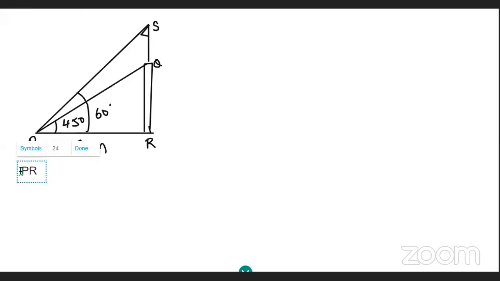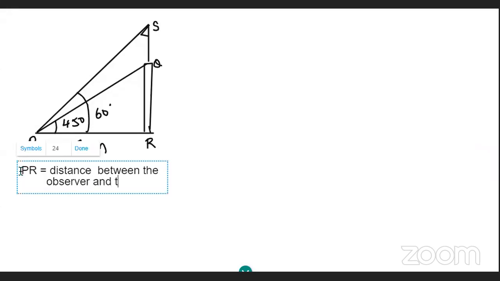PR equals the distance between the observer and the tower. What is the distance? PR equals 70 meter.